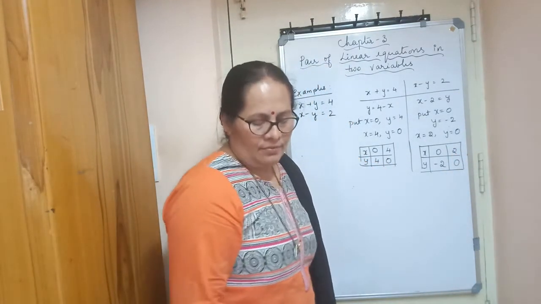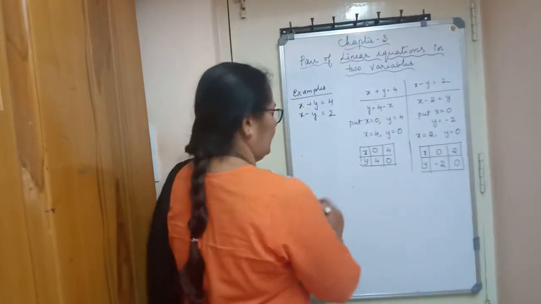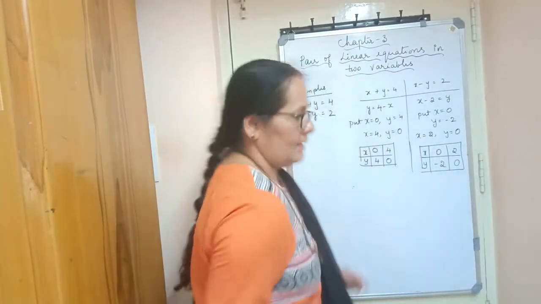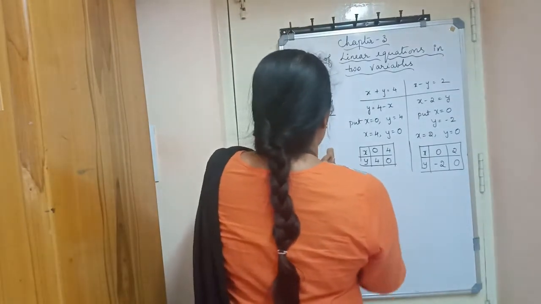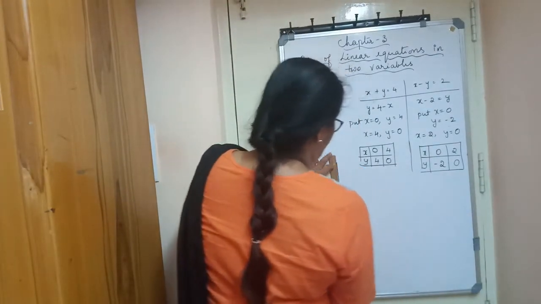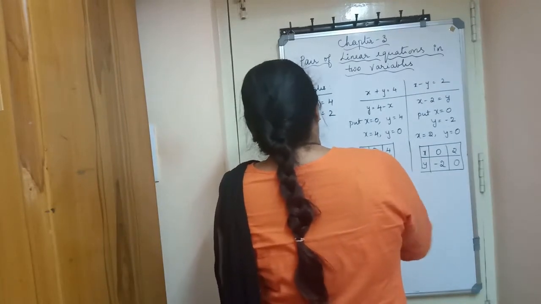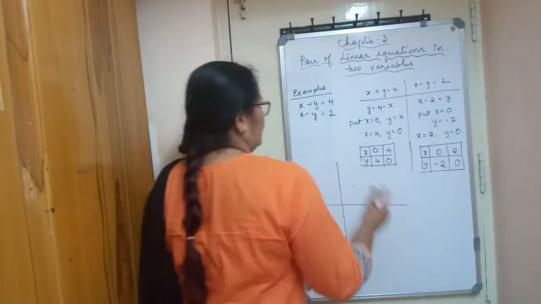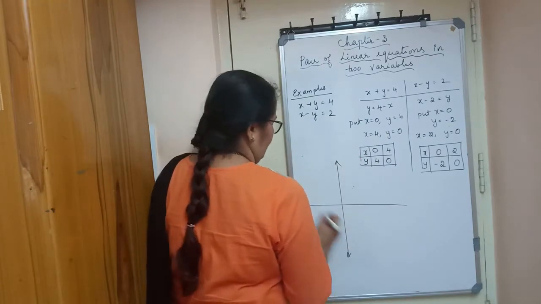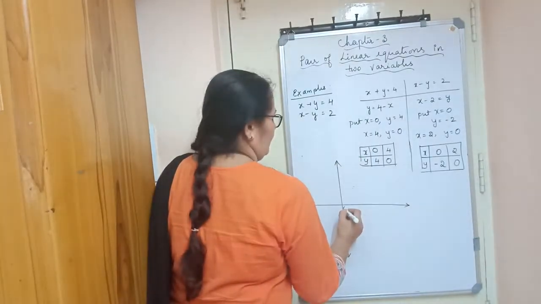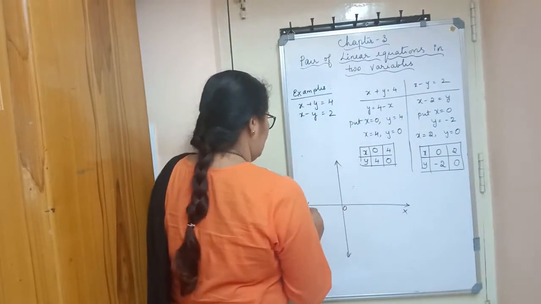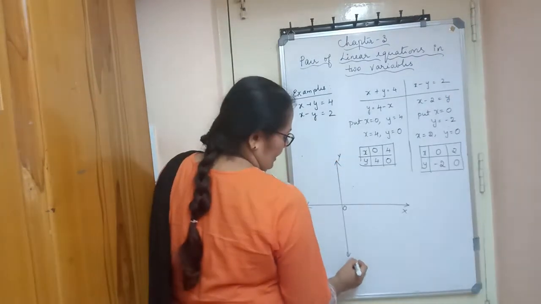Now we will plot the graph for this. So take two axes x and y. So x dash, y dash.